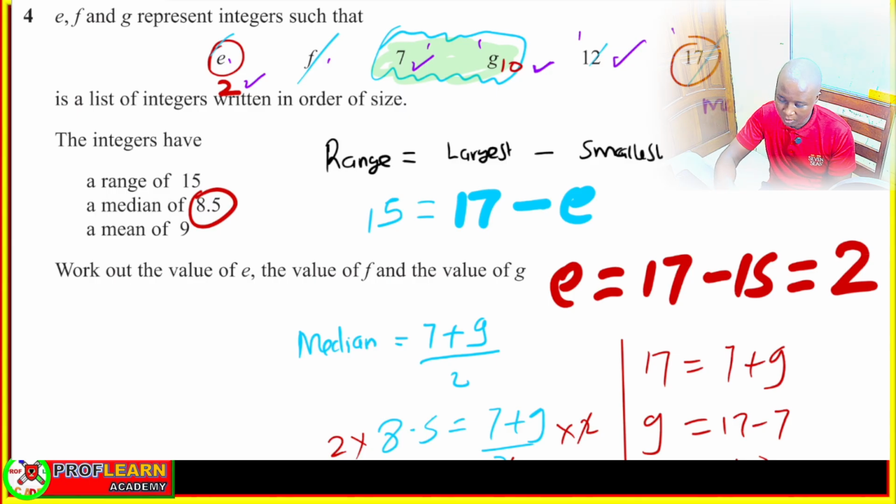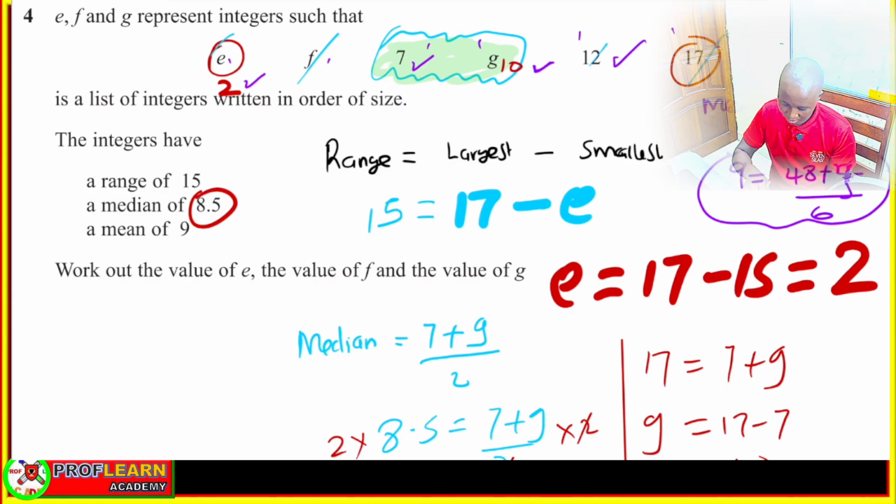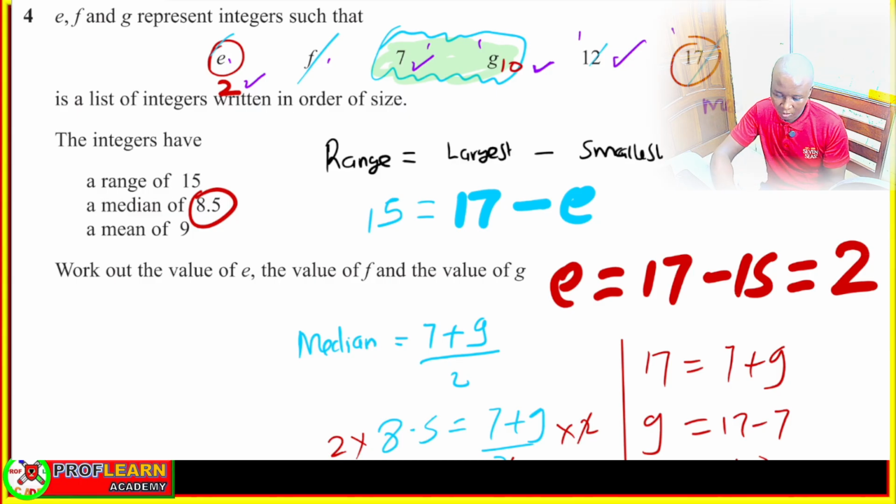But our mean, we are told, is 9. So we're going to say 9 is equal to 48 plus F over 6. No, I think I need to check what might have happened here, because the way things are looking, it will end in tears. Let me check. We are told that the mean is 9.